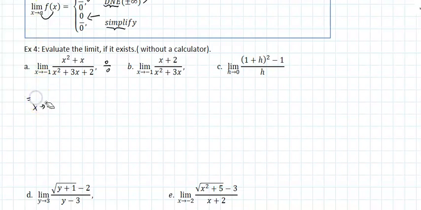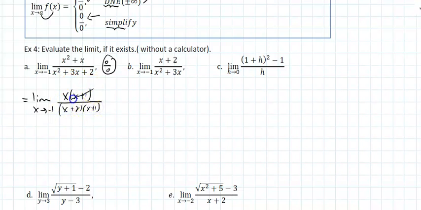That's how my limits look. When you write limits as long as I've been writing them, that's how they look. So what you do, you try to cancel out the 0 over 0, meaning you factor in this case, and the denominator will be x plus 2 over x plus 1.